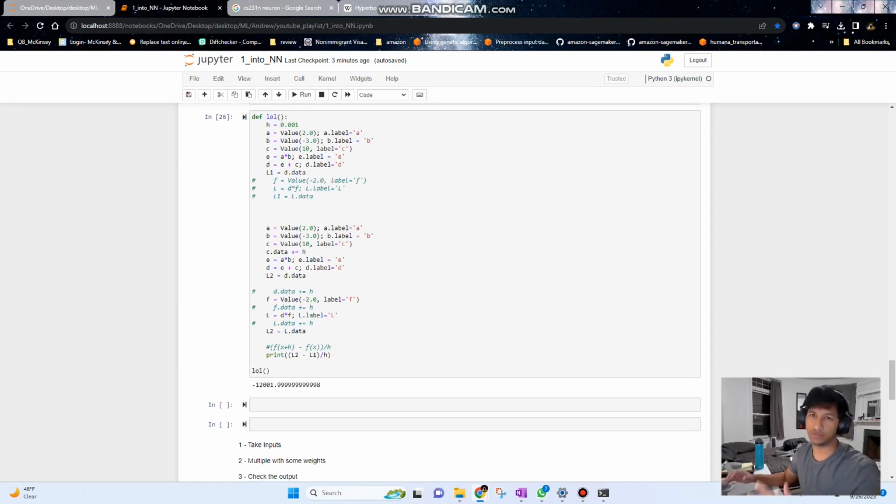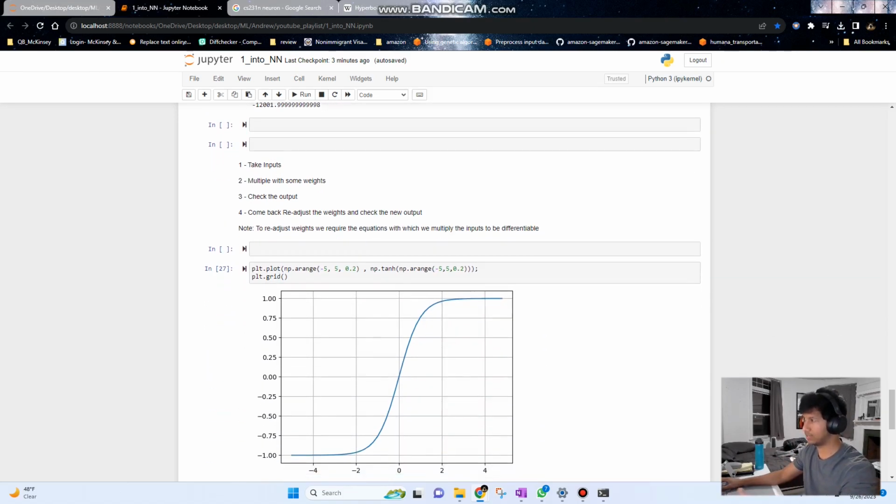Now, in the real world, we can create these networks in very different ways. So the core of the neural networks is basically the inputs that we have, which we multiply with some weights. It can't necessarily be multiplication; it can be any sort of mathematical operation, simple or complex.